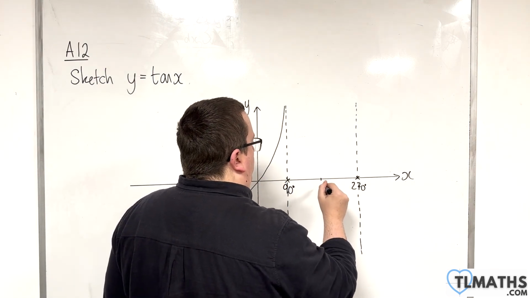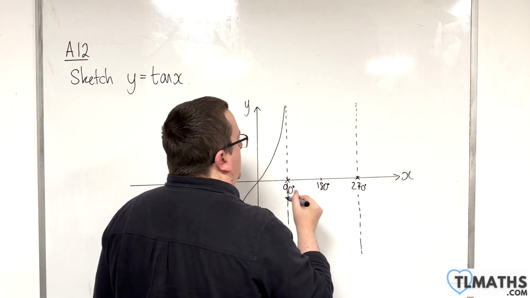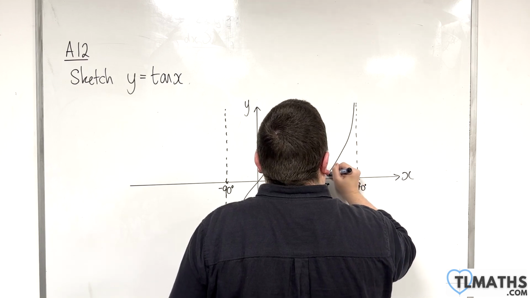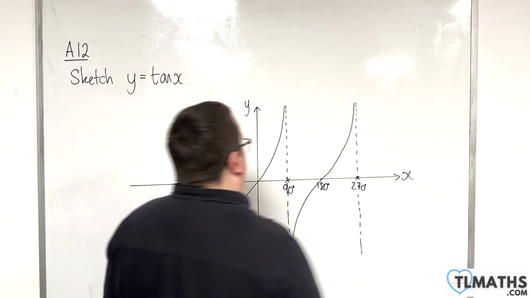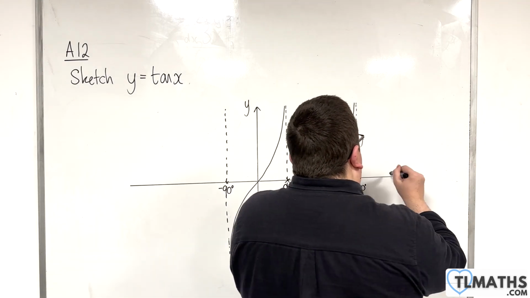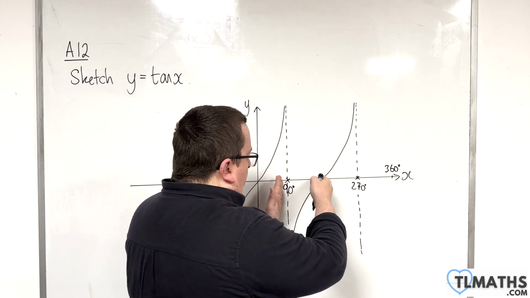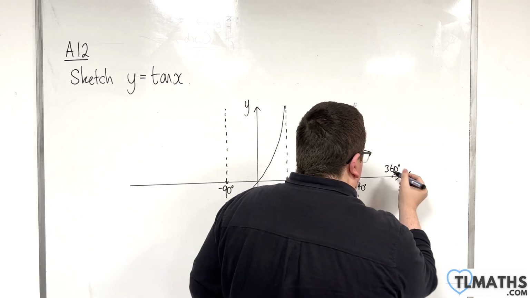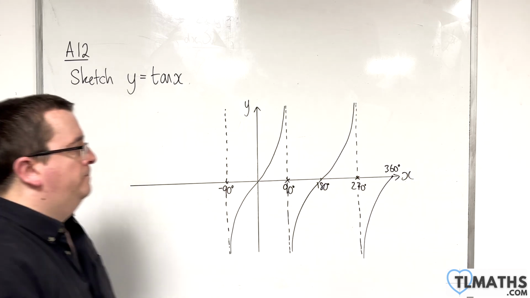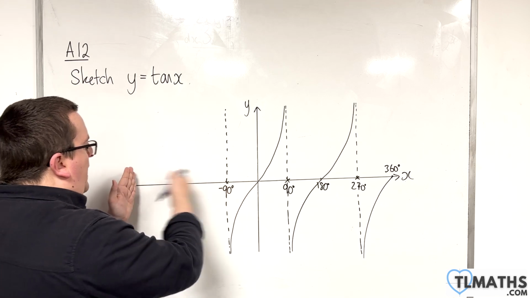So the curve goes through 180 degrees, and must tend towards those two asymptotes, like so. So if this is 360, then this piece is here, so the curve does something like that.